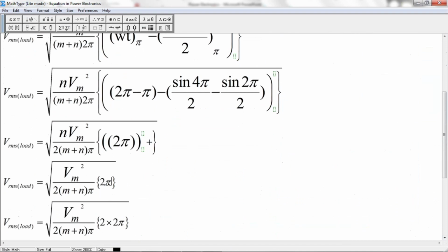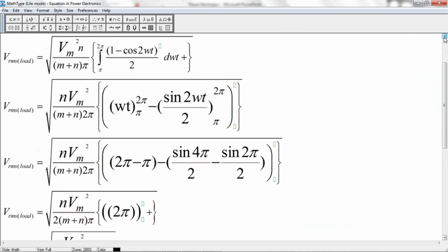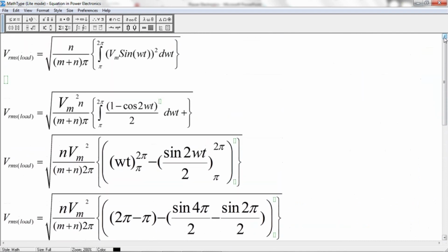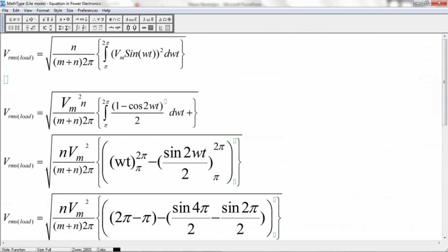There are no mistakes. Let's see. Here 1, 2 is there, no? Yes. So this is 2. This is 4, because this 2 has completed 4.